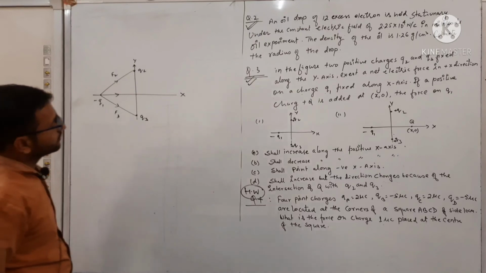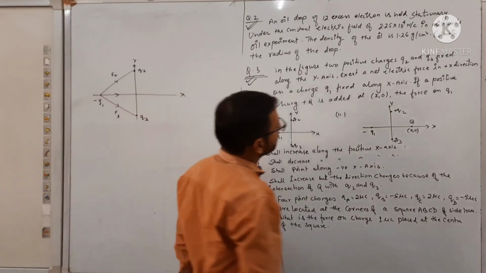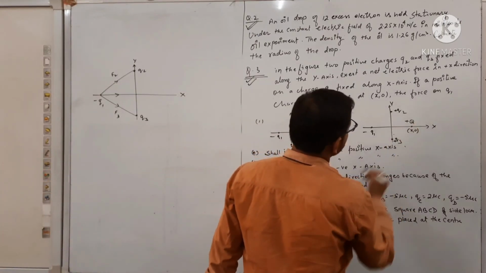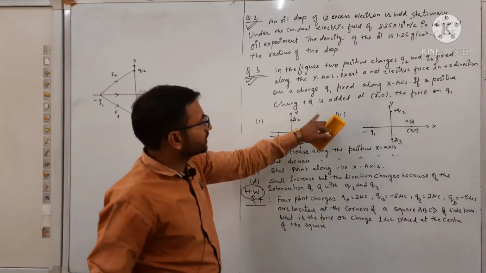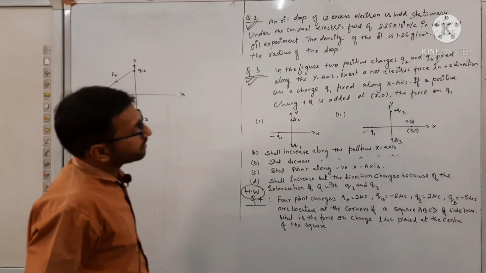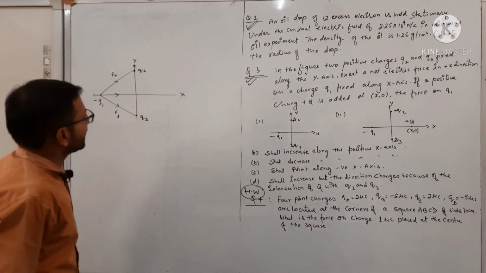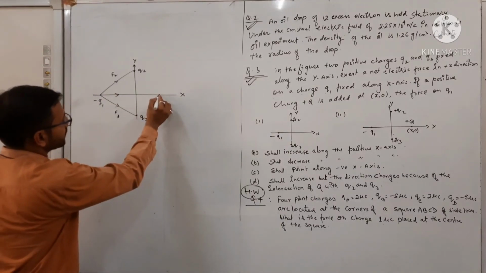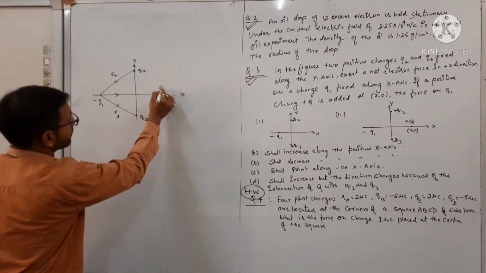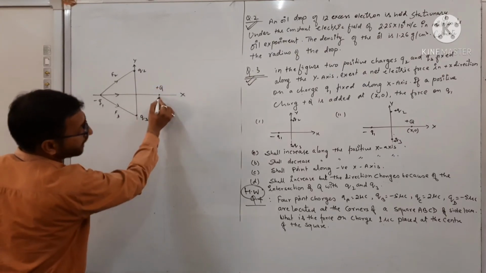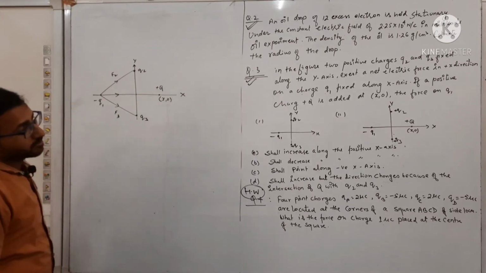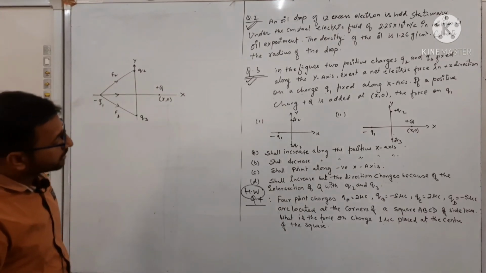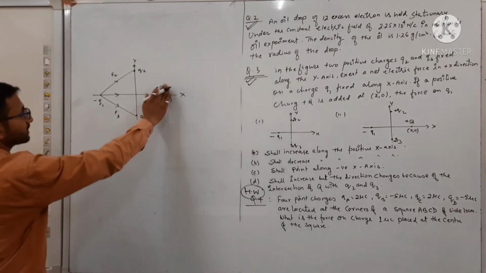In the second part he said, if a positive charge plus q is added at x comma 0, in the positive x direction, what happens in this condition?